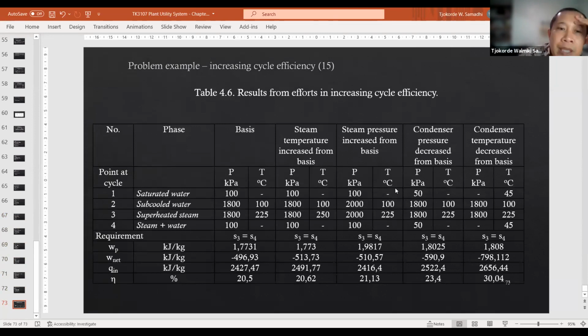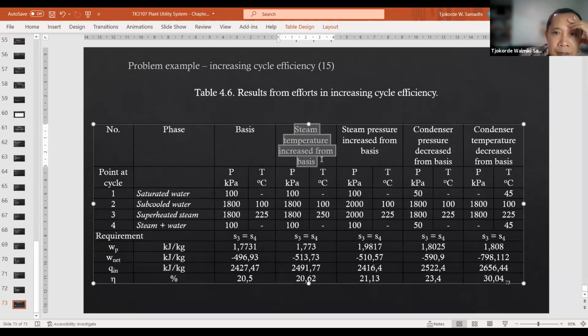Okay, and this is a recap of the results from efforts in increasing cycle efficiency. Okay, so steam temperature increased from basis. And you can see this is the baseline condition, right? So in the baseline condition, the cycle efficiency is 20.5%.